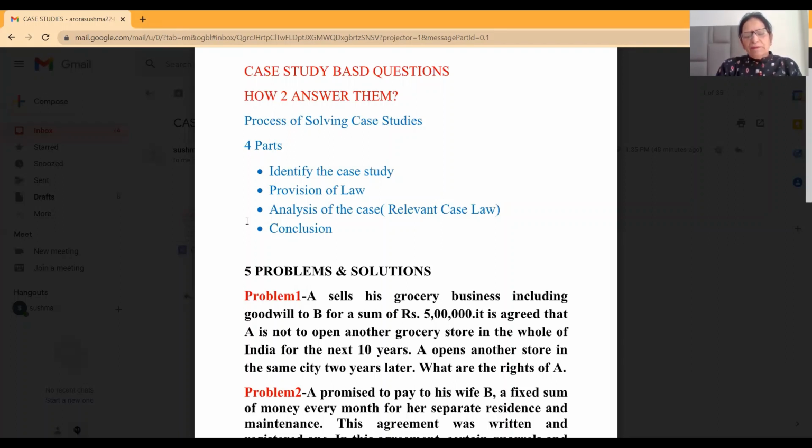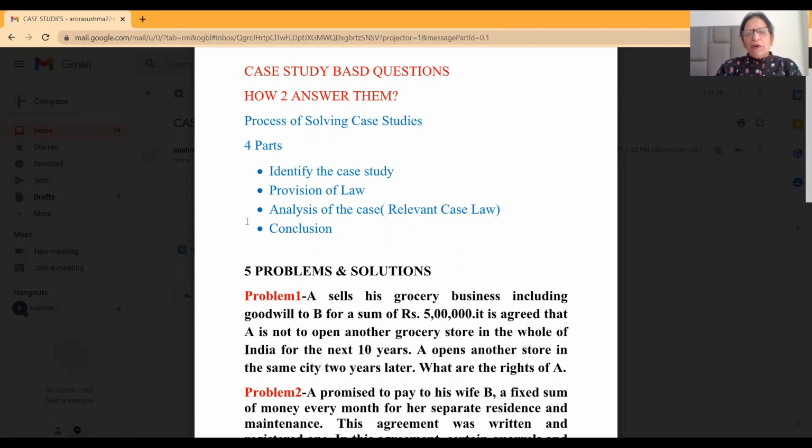So friends, in BCom Honors first semester and BCom second semester there is a business laws paper. In other professional examinations also, case studies are asked. These four steps, four parts, you have to follow when case studies are given to you in the examination.